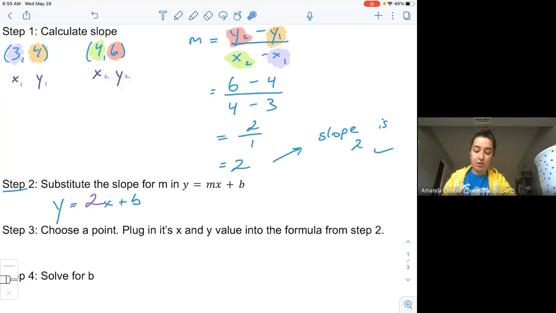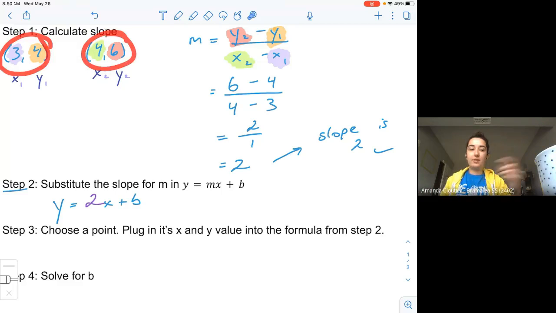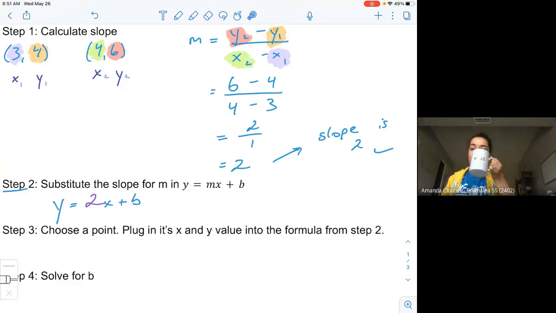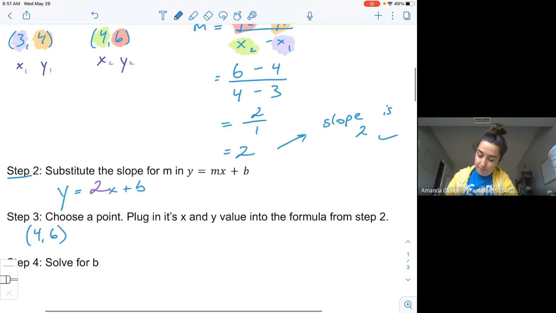Somebody pick one. Would you like to do 3, 4 or 4, 6? Perfect. We'll do 4, 6. Okay, so 4, 6 is going to be my point that I am choosing.